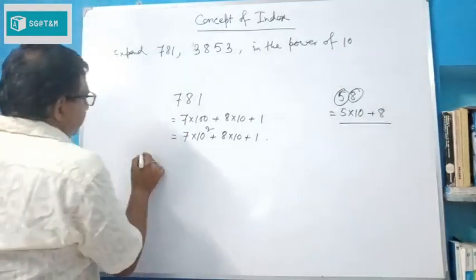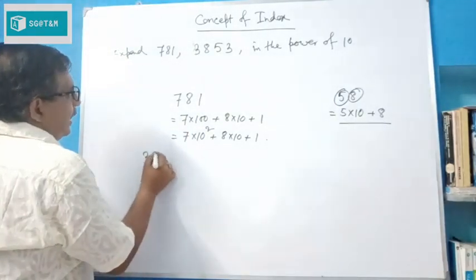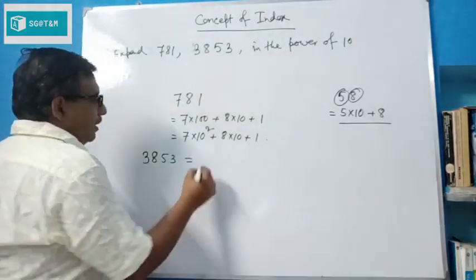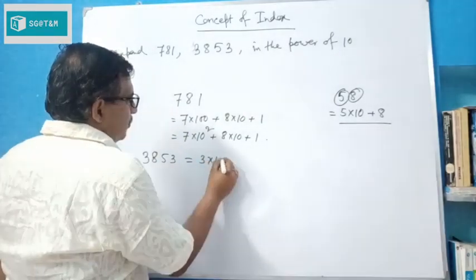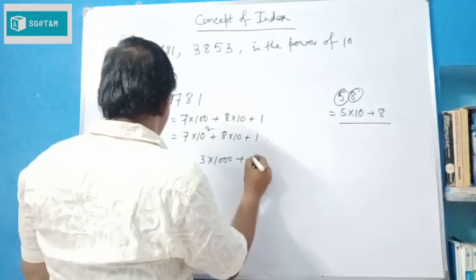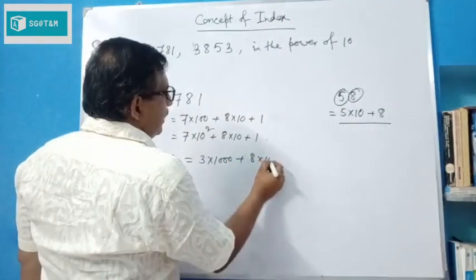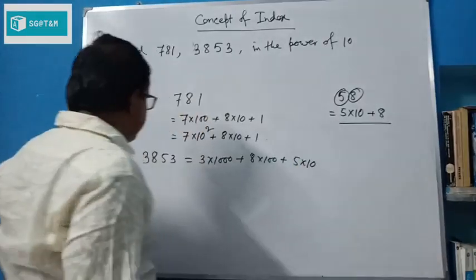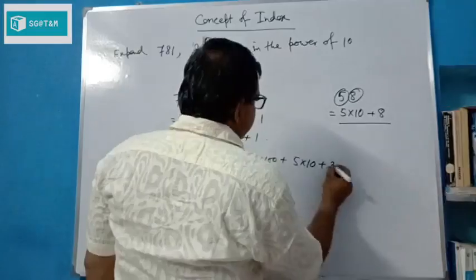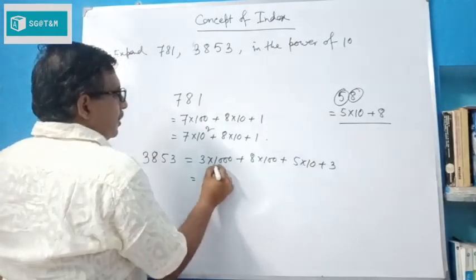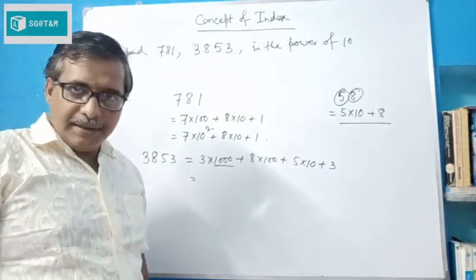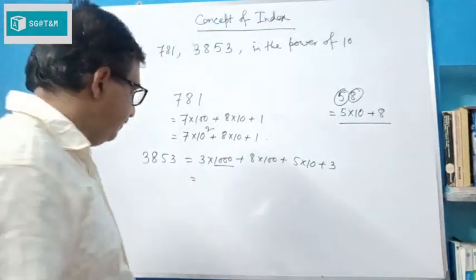And the next problem, 3853. In extended form, it can be put in the form of 3 into 1000 plus 8 into 100 plus 5 into 10 plus 3. So 1000 in powers of 10 is 10 cube, written earlier.